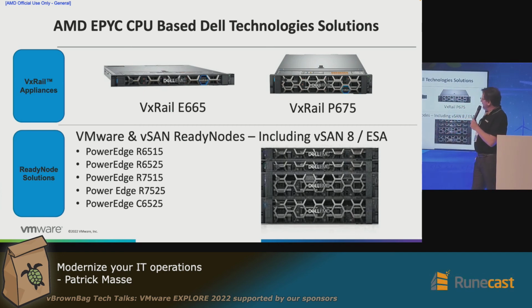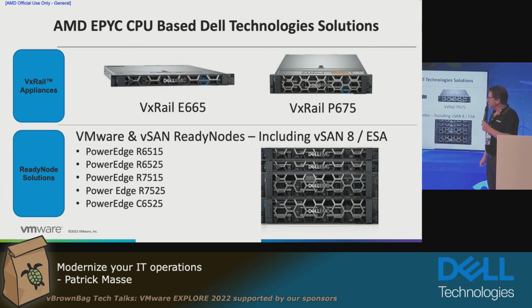So the VxRail E665 appliance is a great, very efficient single socket appliance, and this one is also single socket with more storage.